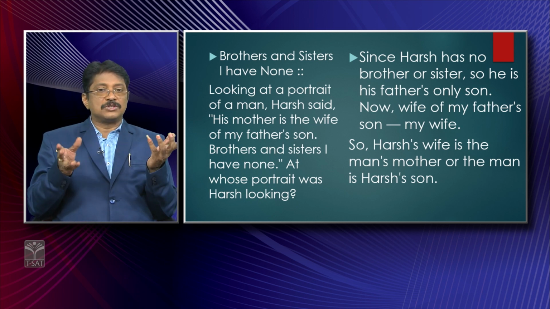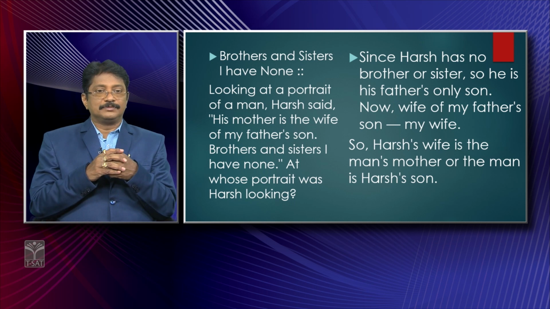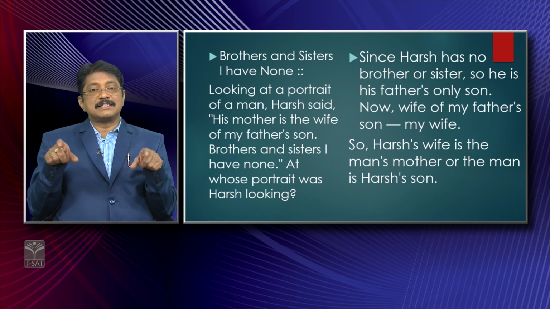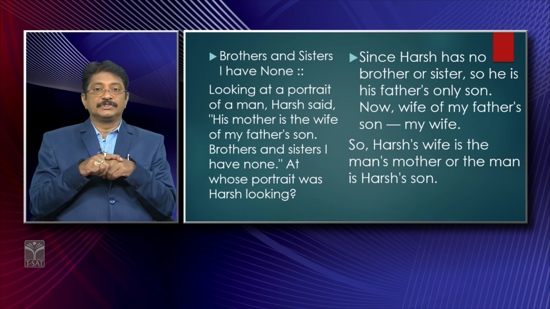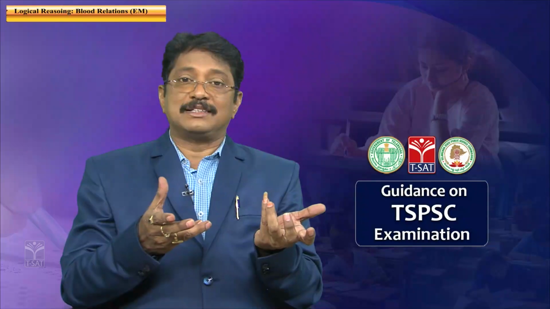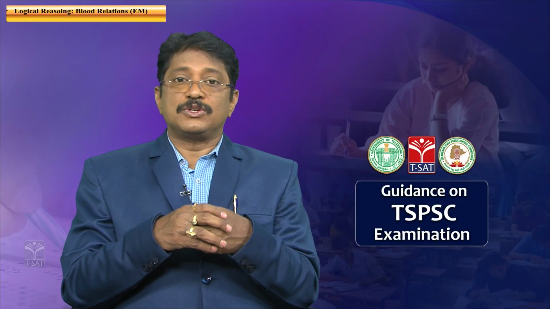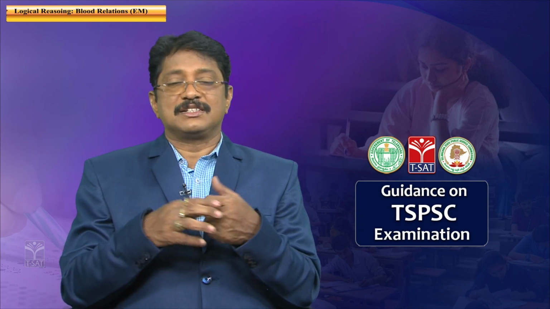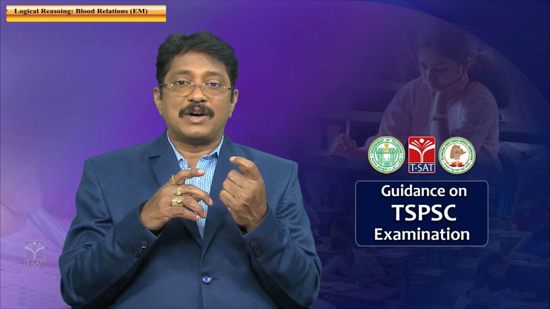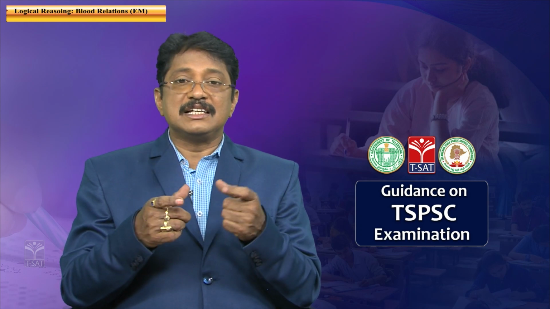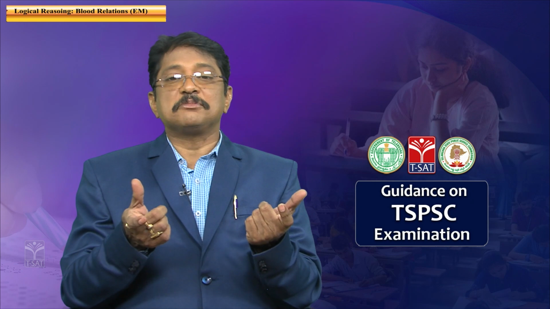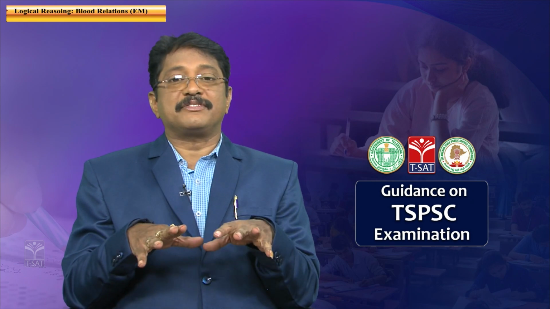So he has no brothers and sisters. His mother is the wife of my father's son. Then the picture belongs to whom? Since Harsh has no brother or sister, he is his father's only son. So wife of my father's son is nothing but my wife, correct?